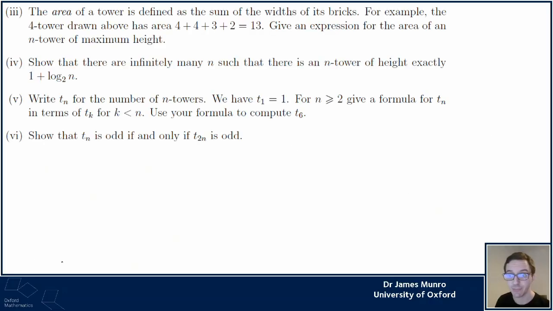In the last part of the question, we're asked to show that Tn is odd if and only if T2n is odd. And maybe you could check the first few terms of that sequence that we just worked out to see whether that's true or not.